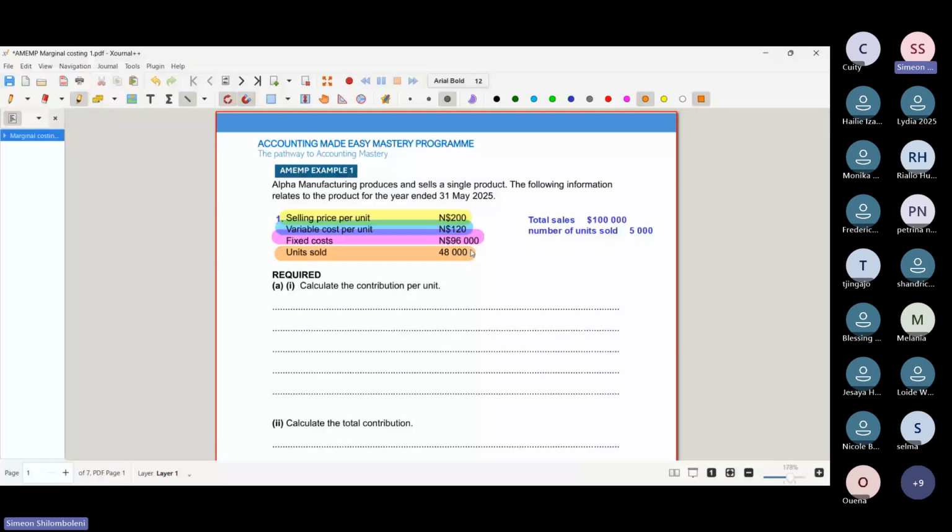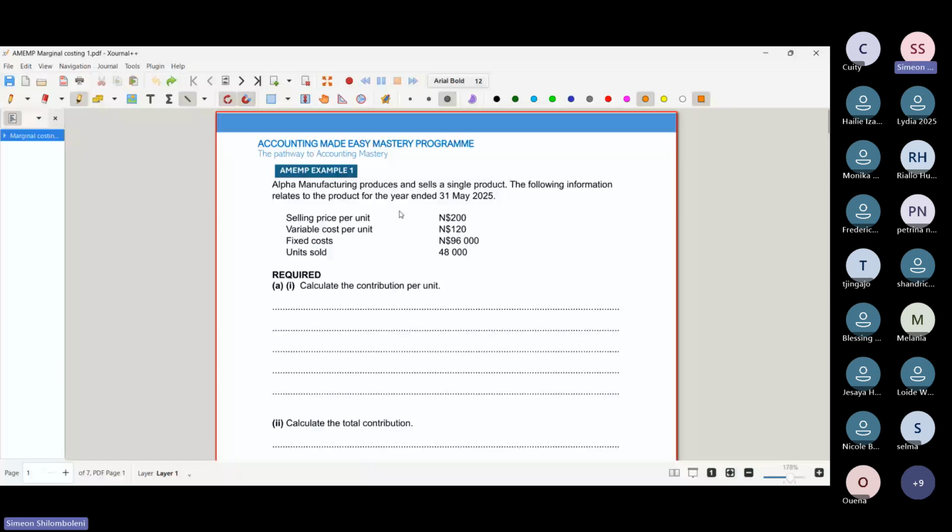But the first three are compulsory, they need to be in the question. If they are not in the question, then the setter really wants to stress you. So we have those 4 things. When you get to the question, those are the 4 things that you must get. But because this question is the easiest one, they are already given to you.